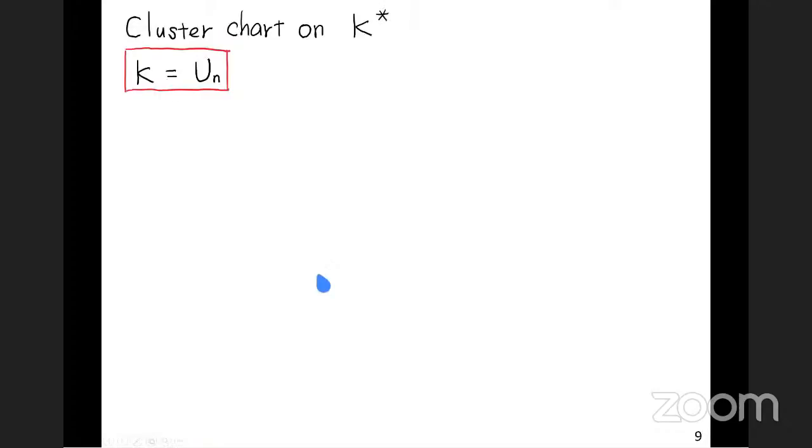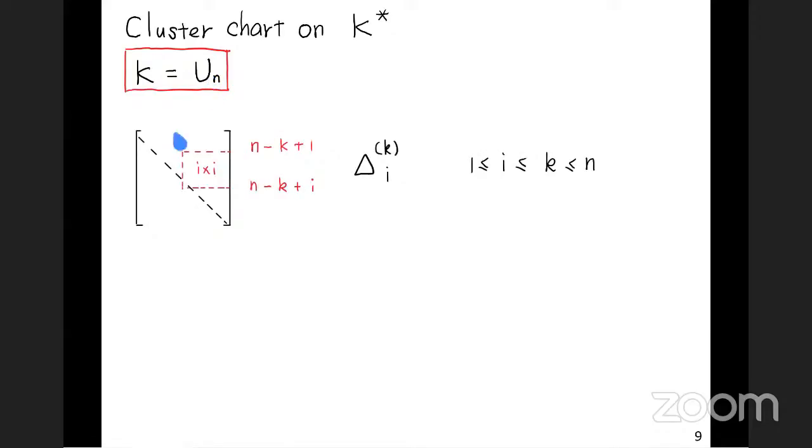Next, let me explain the cluster chart we use for K equals U(N). Let's consider the upper triangular matrices, and we take a submatrix and write Δ_ik for its minor.